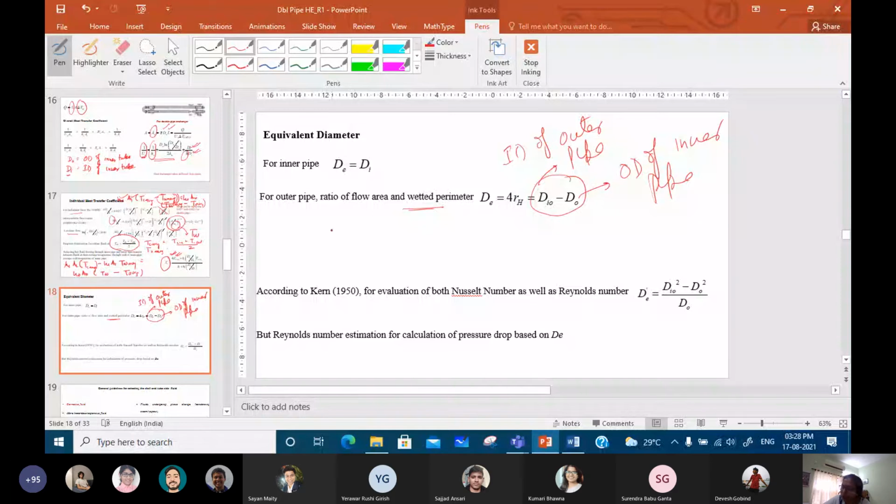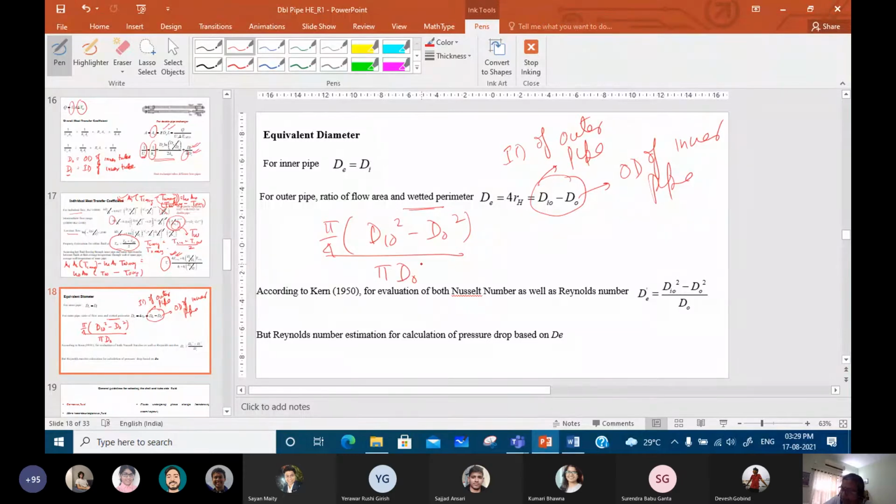They said that when heat transfer is occurring, it is occurring just through the surface of the inner pipe. So according to them, the ratio of the flow area is fine. It should be pi by 4 times (DIO square minus DO square). But the perimeter available for heat transfer should be just pi DO.